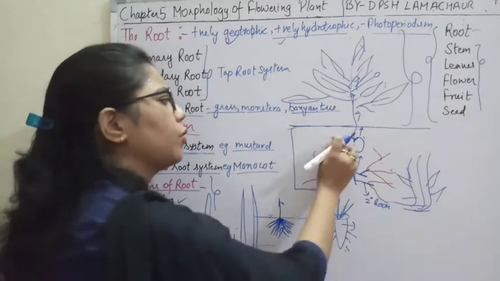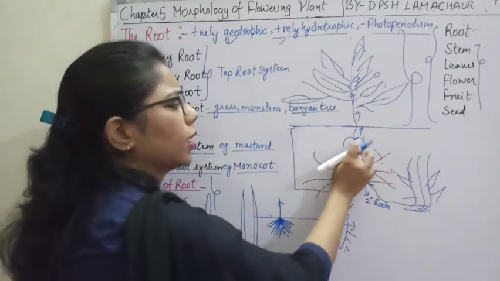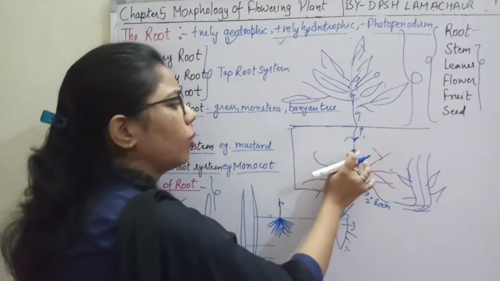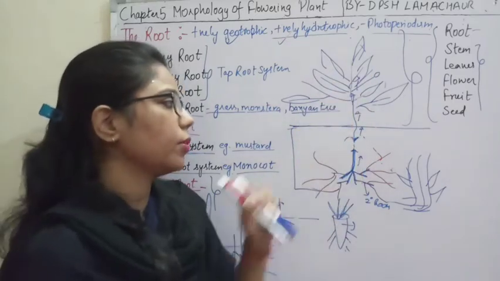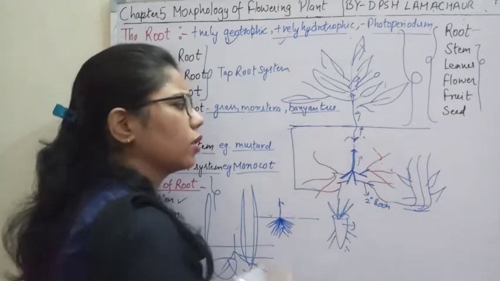Clear? Now if you see, this seed will get moved out from here, and now it will develop into a root and a shoot. So that's why I have rubbed this seed. Okay, so what will happen now?